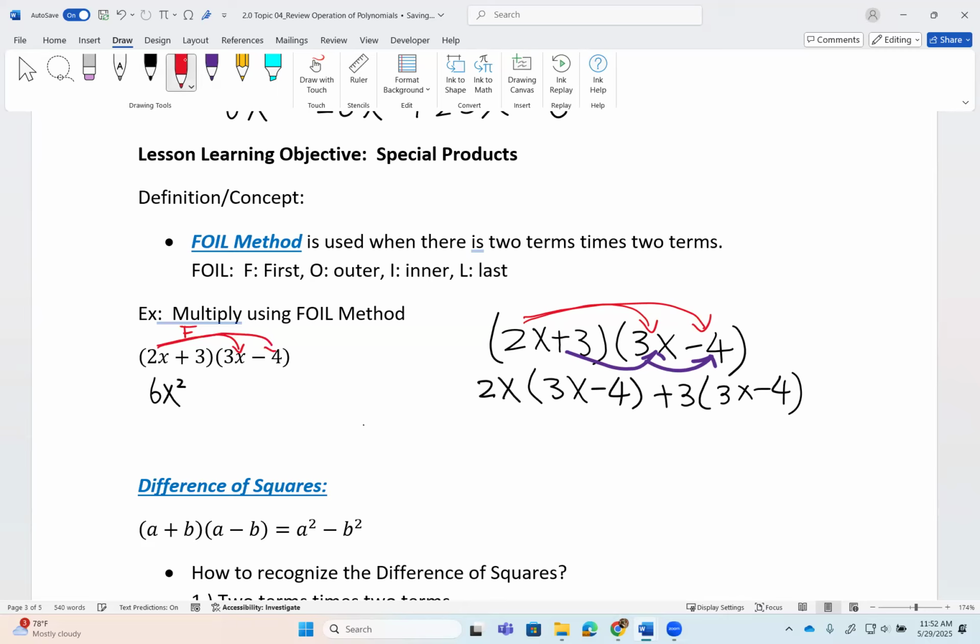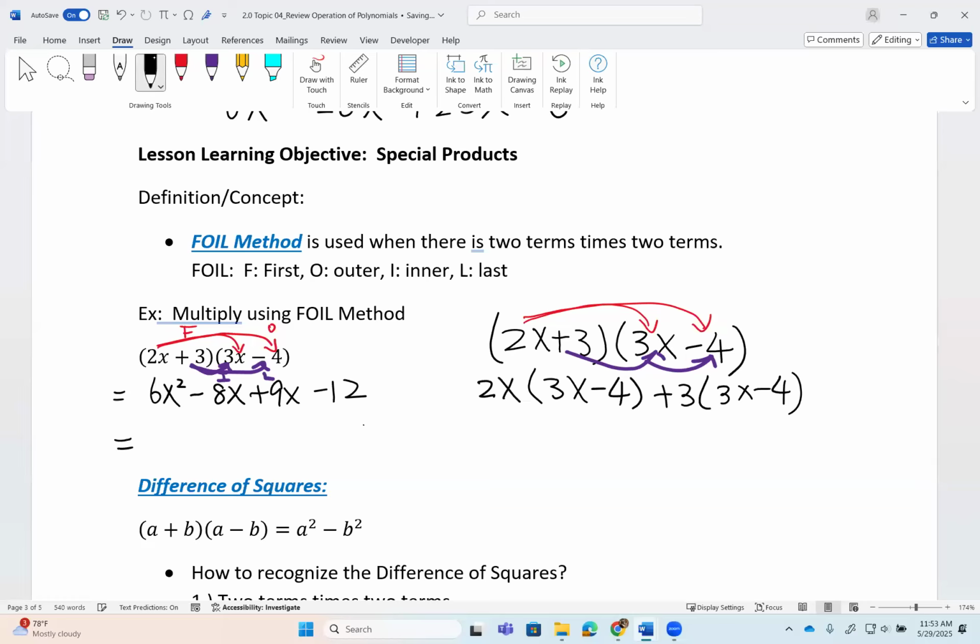So the O is outer: 2x times negative 4, which is negative 8x. All right. The inner, positive 3 times 3x, that's the inner, positive 9x. And the last thing I do is positive 3 times negative 4, that's the last, which is negative 12.